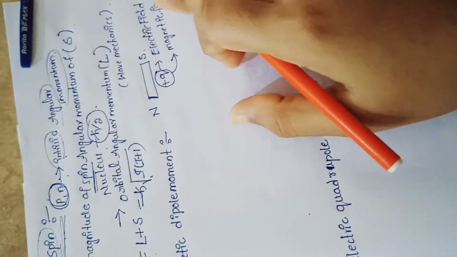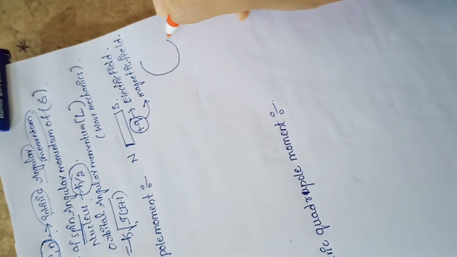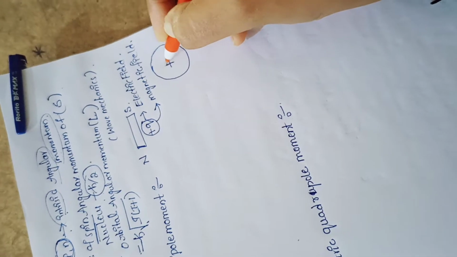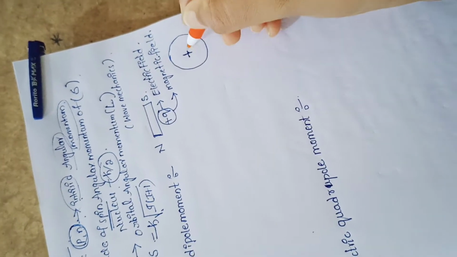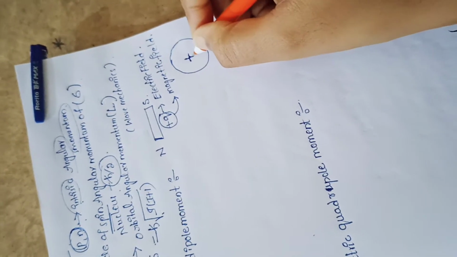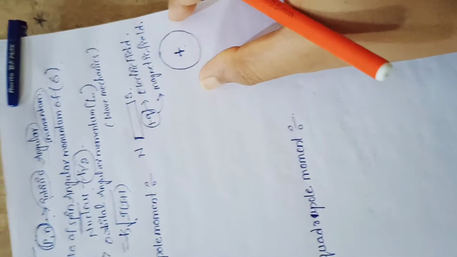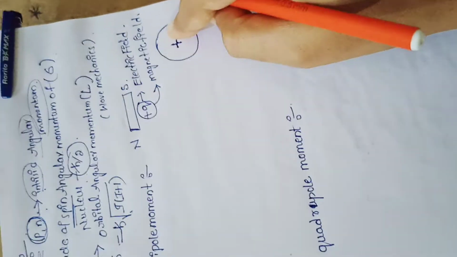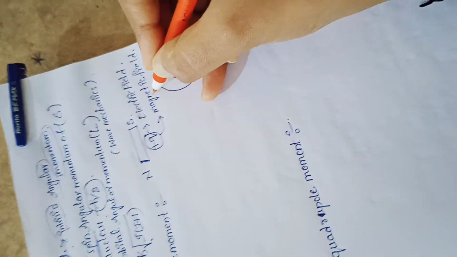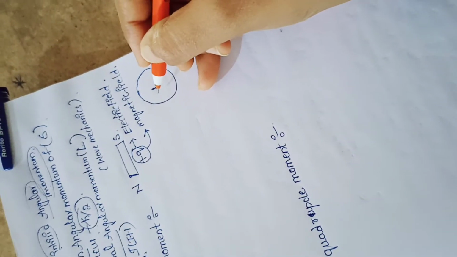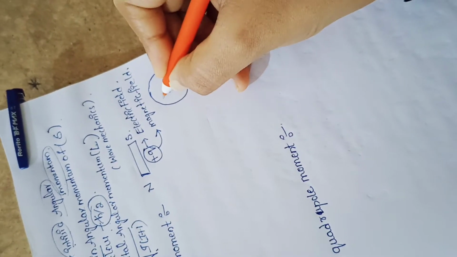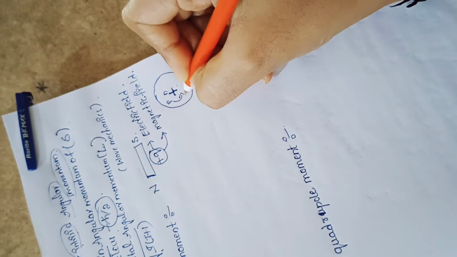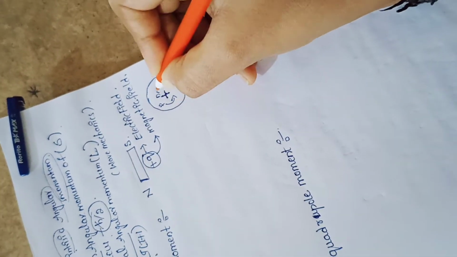Now a charged particle moving in a closed path, for example in our nucleus, which has the positive charge and the total mass contained at the center. The charged particle moving in a closed path produces a magnetic field, because the protons and neutrons inside the nucleus are revolving and moving.